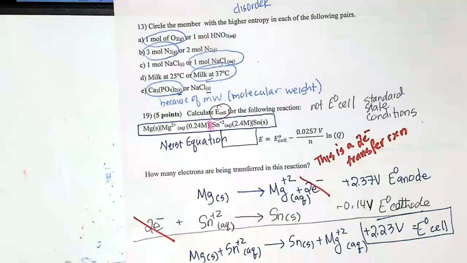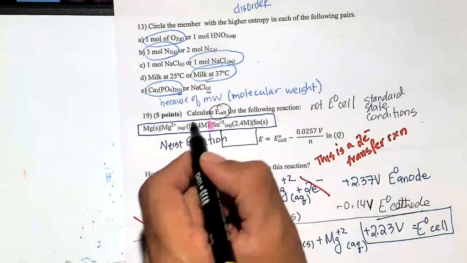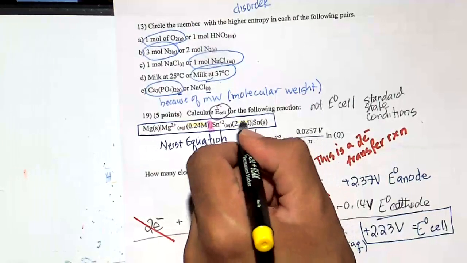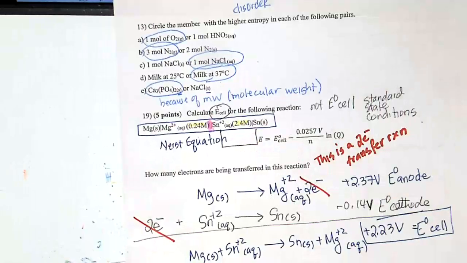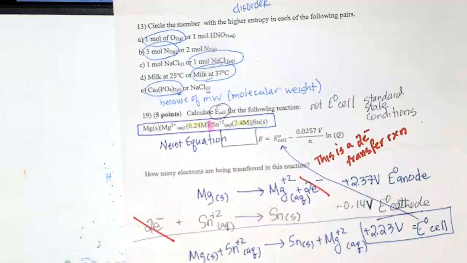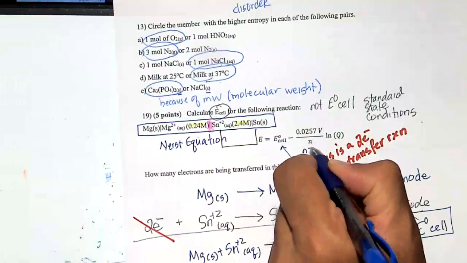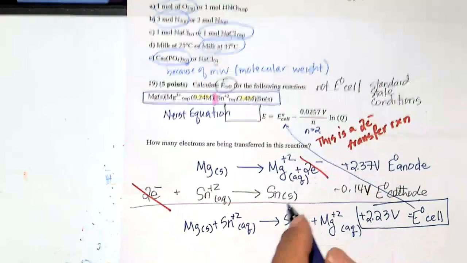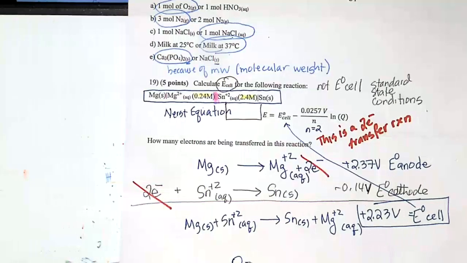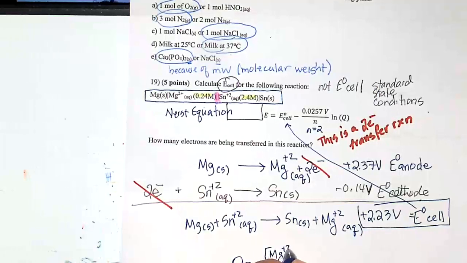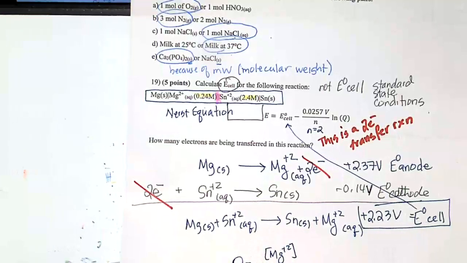We are under the conditions of 0.24 molar Mg plus 2 and 2.4 molar Sn plus 2. So we have our E cell standard here. What is n here? n is 2. This is a 2 electron transfer reaction. And then we need to calculate Q. Q is just like K. In fact, we use it to compare to K, and it's products over reactants. If Q is equal to K, we're in equilibrium.